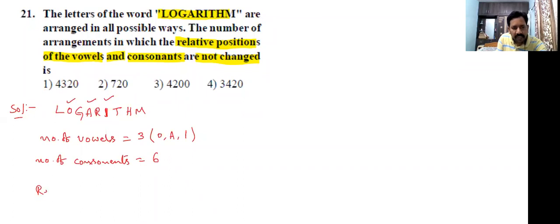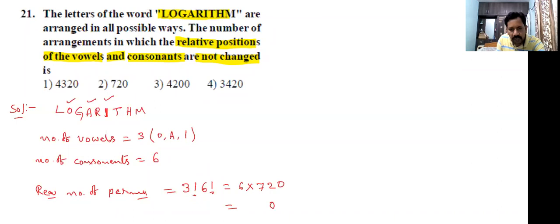Now we need to arrange vowels and consonants. Required number of permutations is equal to: 3 vowels can be arranged among themselves in 3 factorial, 6 consonants can be arranged among themselves in 6 factorial. 3 factorial means 6, 6 factorial means 720. Now calculate this: 6 2s are 12, 6 7s are 42, 6 times 720 is 4320.